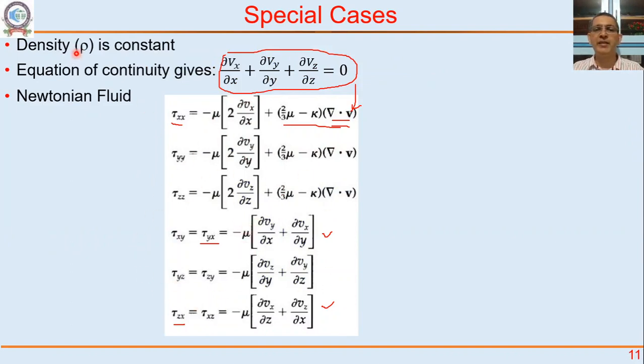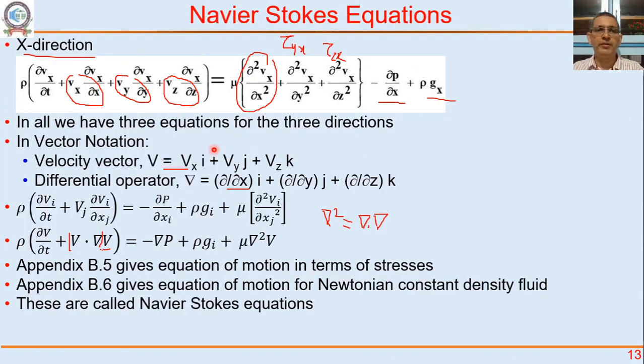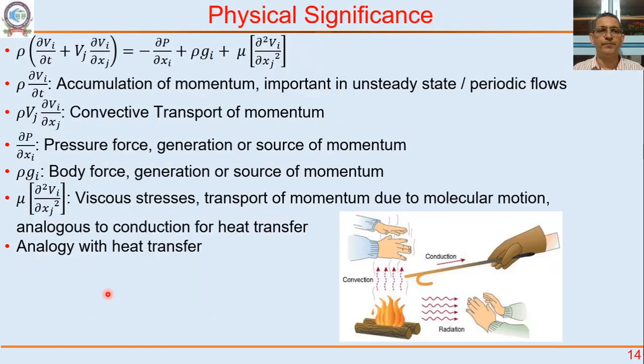We have taken density constant, and that is what allowed us to use the equation of continuity and bring this rho outside. So this equation is valid only for a constant density and Newtonian fluid, and that is called the Navier-Stokes equation. You can see appendix B6 of Transport Phenomena by Bird, Stewart, Lightfoot.